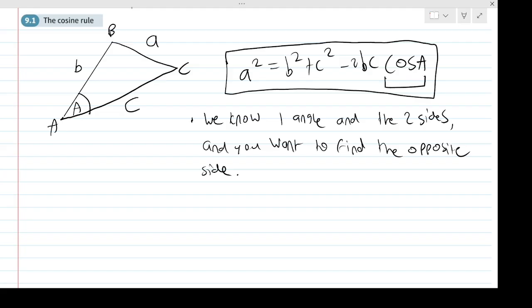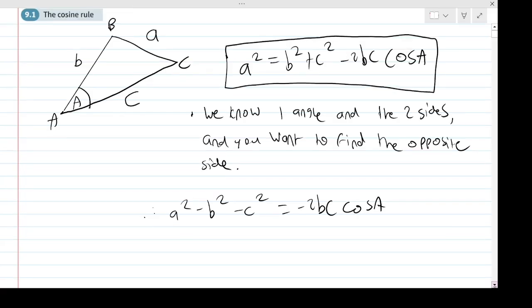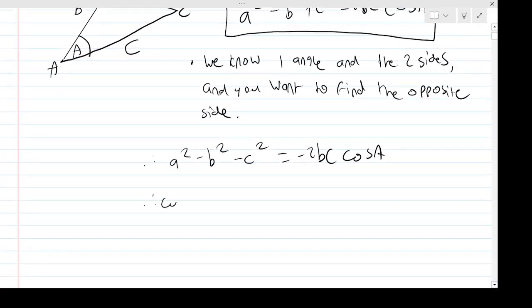So the angle A, so cosine of A. If I want cosine of A as the subject, well, firstly I need to take away B squared and C squared. So therefore, A squared minus B squared minus C squared is minus 2BC cos A. And then hopefully you can spot that cosine of A is dividing that by minus 2BC. So A squared minus B squared minus C squared over minus 2BC.